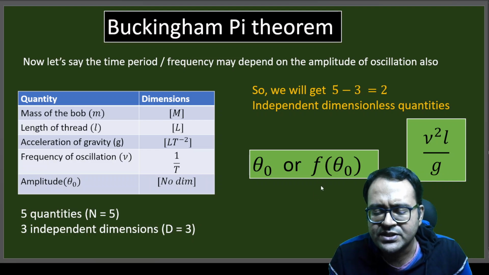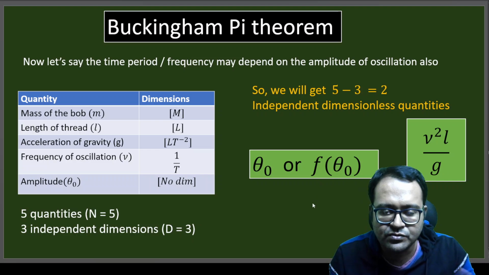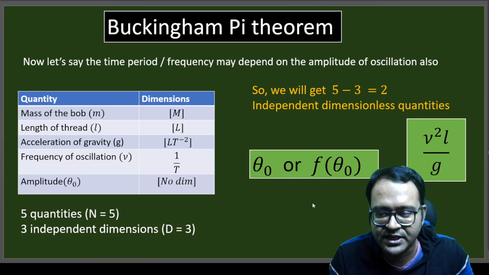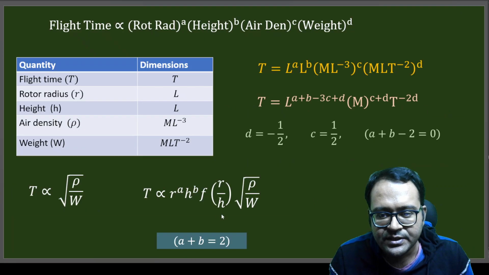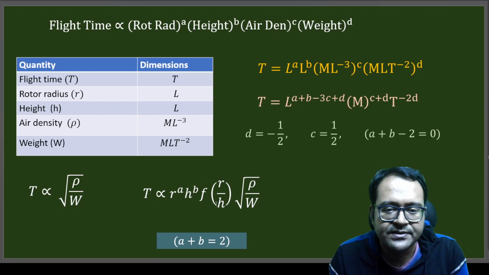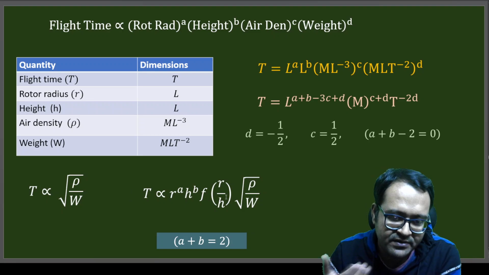You can do it in the LHS or RHS because you don't know the form. We need to apply some physics later, but dimensional analysis tells you that if you get some dimensionless quantities, you just add them somewhere, either in the LHS or in the RHS. So this function will be included. This is our algorithm.